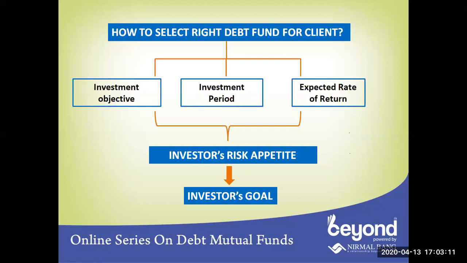The client's expectation might be anything, but this is where the advisor's role comes into the picture. If a client says, I want to make one investment for a year, and I'm looking at 10% kind of returns from debt funds.